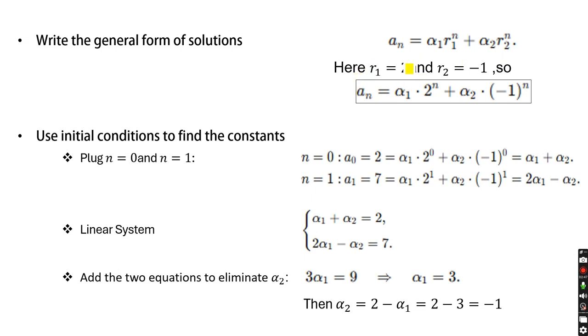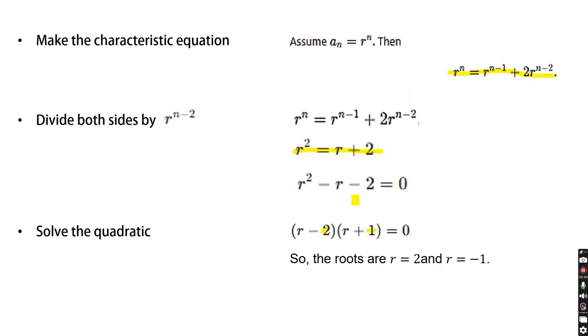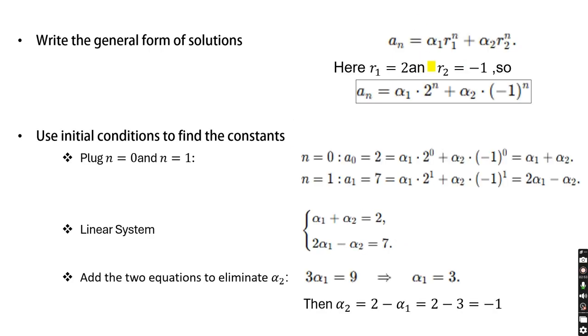Here again, our roots are 2 and negative 1. So we will replace the values of the roots that we obtained. So a_n equals a1 times 2^n plus a2 times (negative 1)^n.